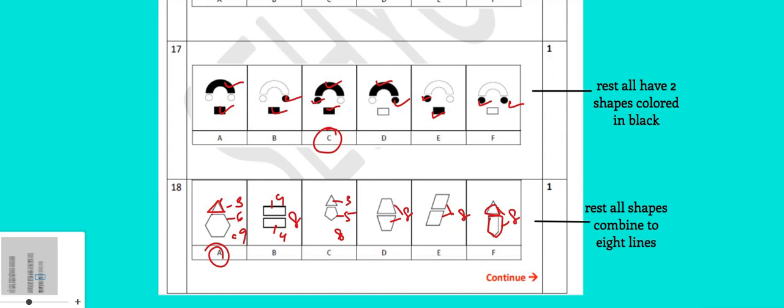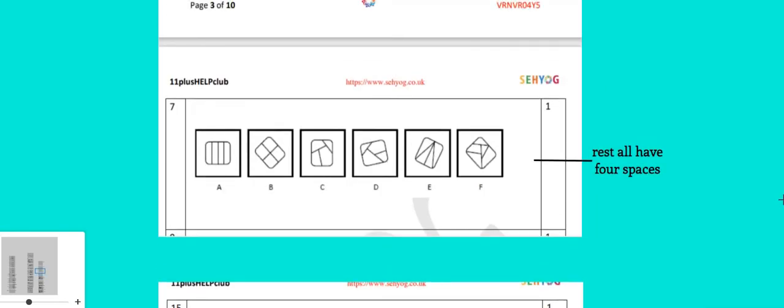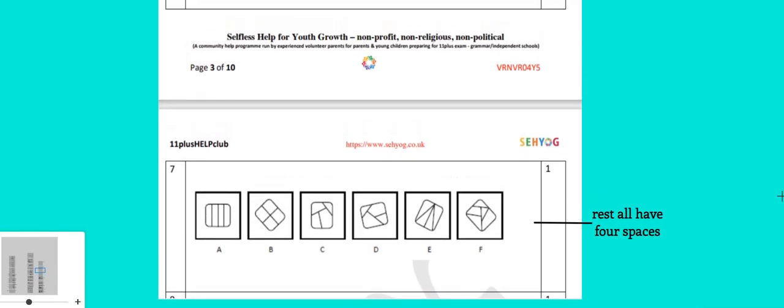Moving on to the next example, that is example number 7. In example number 7, again we have something similar to our example that we solved in number 20. So now here also it is the same thing. There are 4 sides for each figure except for the answer figure.